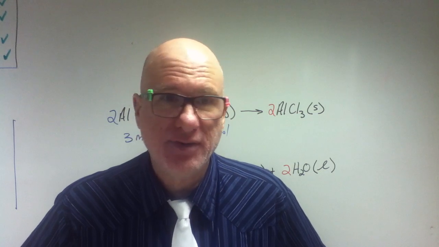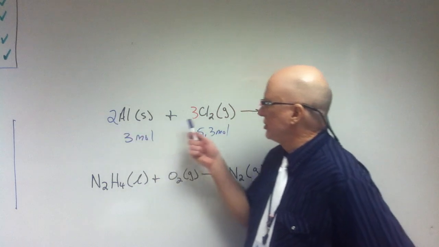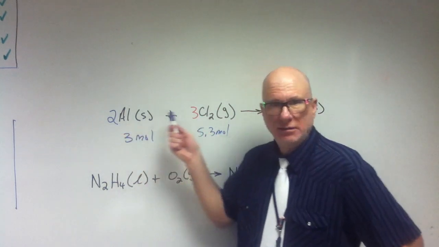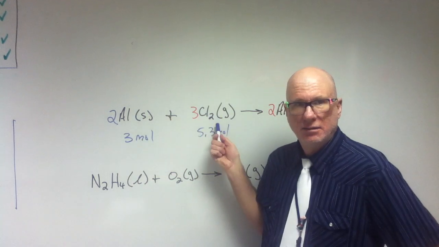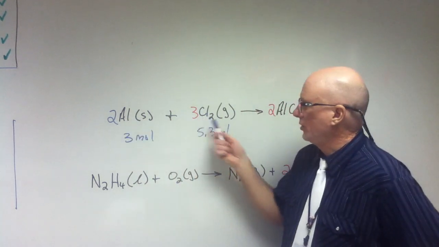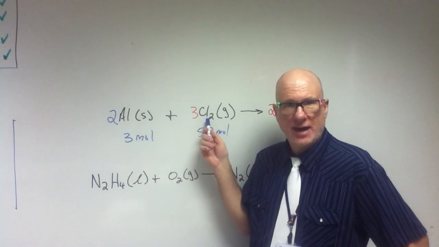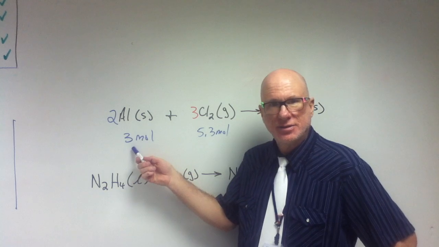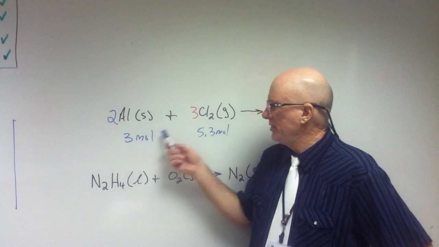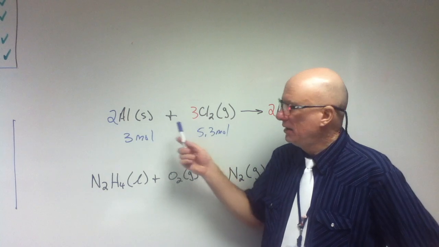So, what is the relationship between aluminum and chlorine? It's going to be 2 to 3, right? Correct? If I use all of this, how much of this do I need?